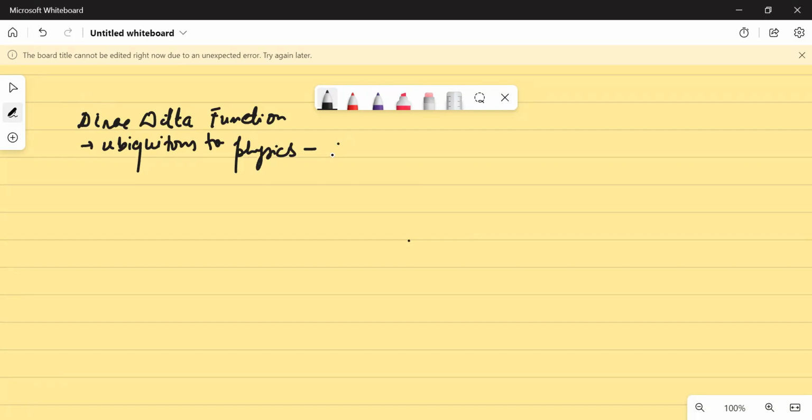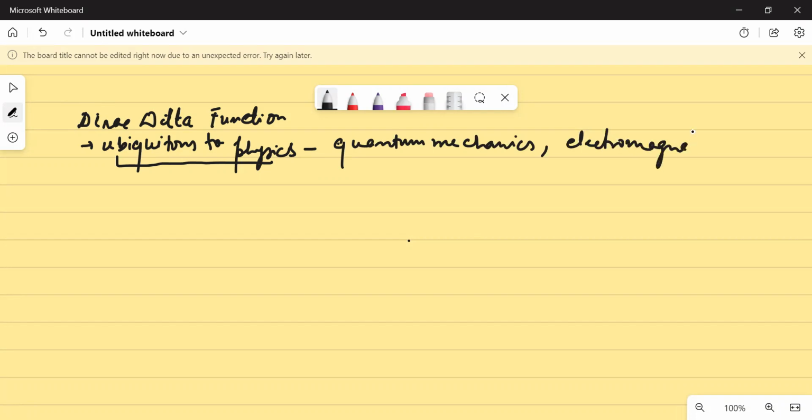Like an impulse function also. You find it especially in quantum mechanics, and also in electromagnetic theory. All these are the fields where you'll find such applications of the Dirac delta function.